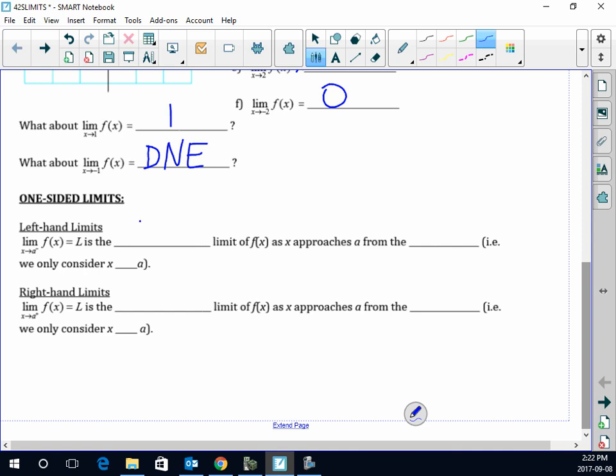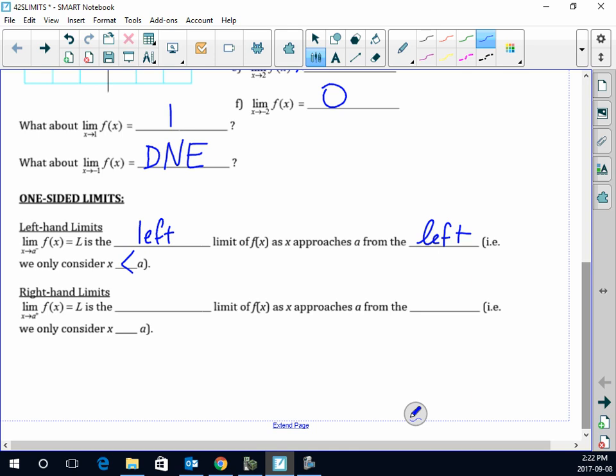So it is the left limit of f of x as x approaches a from the left, i.e., we only consider x if it's on the left of a, so it would be less than a, right?